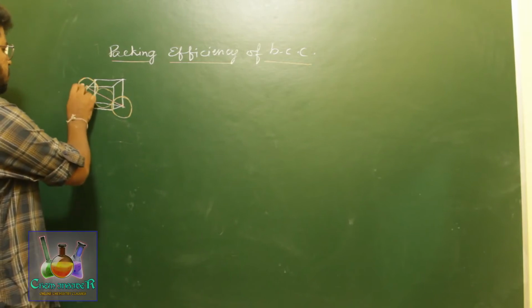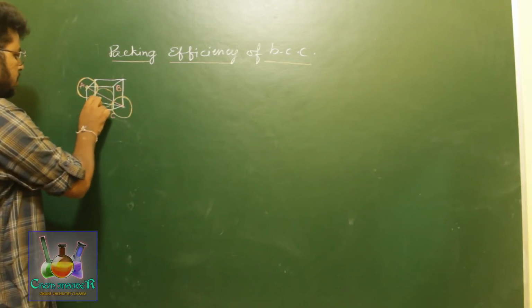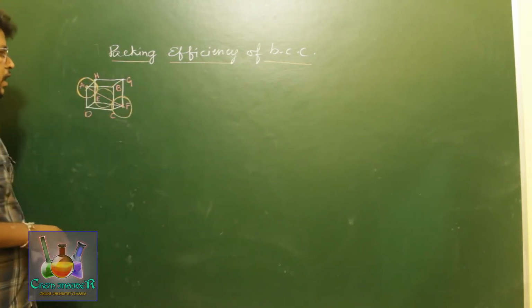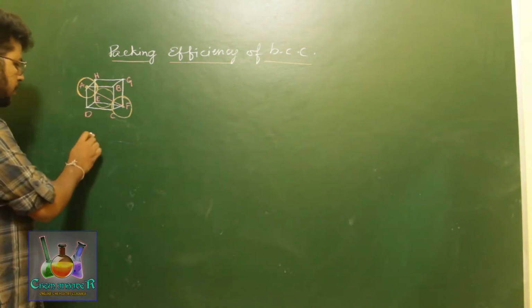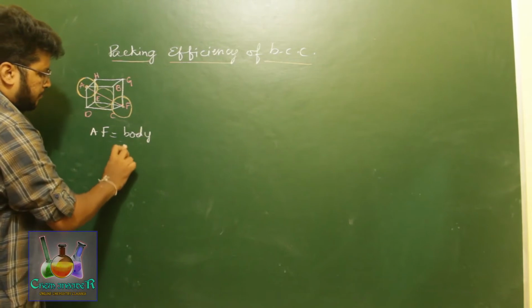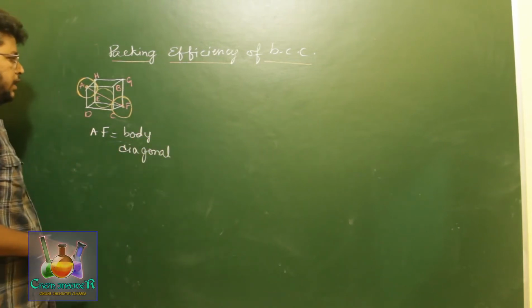If we name the corners A, B, C, D, E, F, G and H, we have the body diagonal from A to F. So AF is our body diagonal.